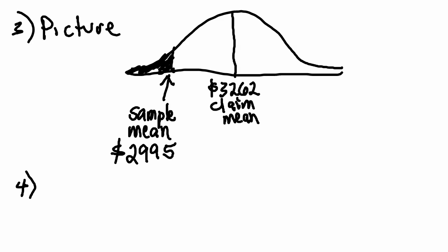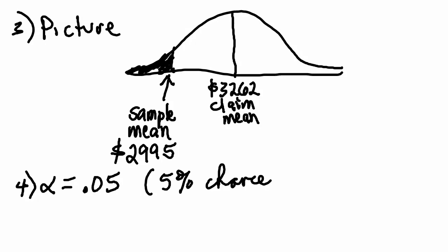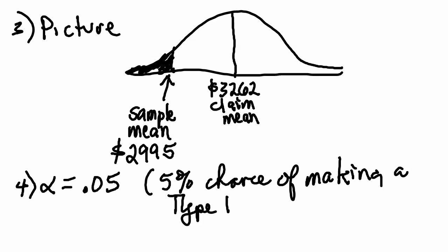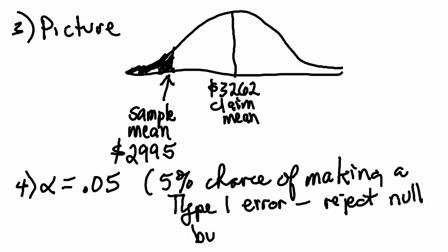Step 4, alpha. Alpha is our significance level, and it's 0.05. This means there's a 5% chance of making a type 1 error. That means we only want a 5% chance that we reject the null, but it's actually true.